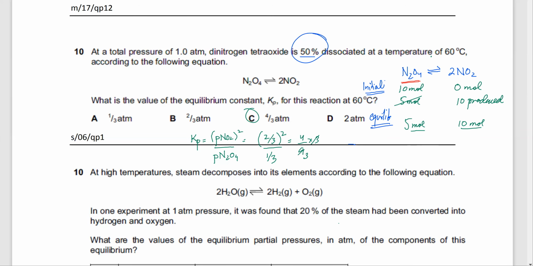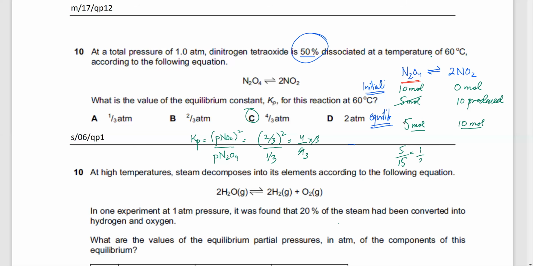If I try to find mole fraction for this, it would be 5 divided by 15. It's 5 moles of N2O4 because 50% got dissociated. So you started off with 10, 50% are gone, so your remaining moles are 5. So 5 out of the total moles at equilibrium, which are 15. So what is this equal to?